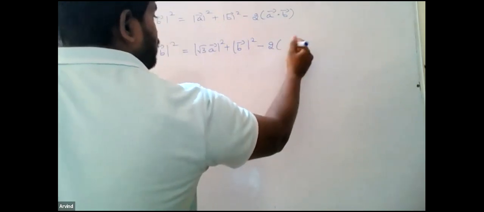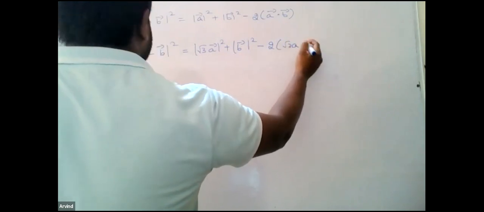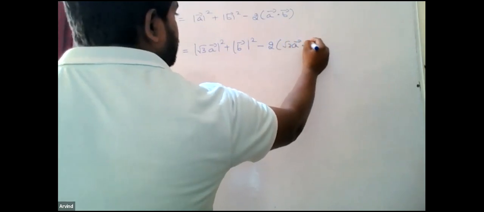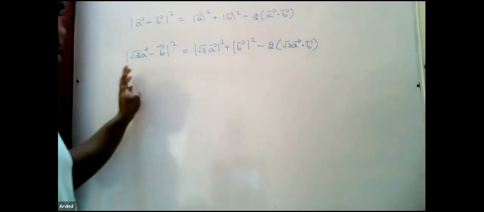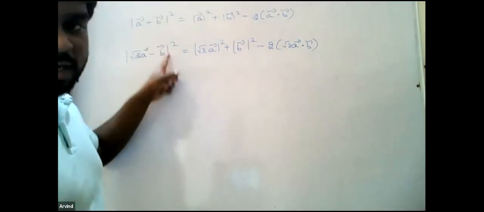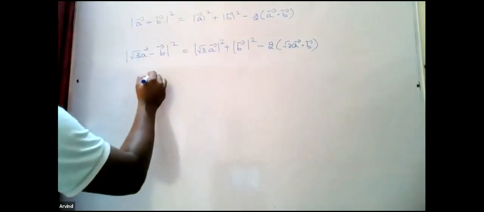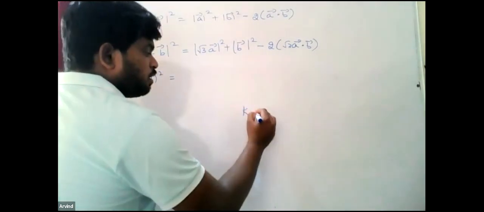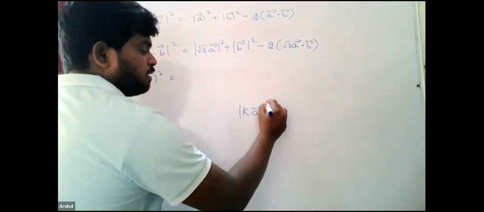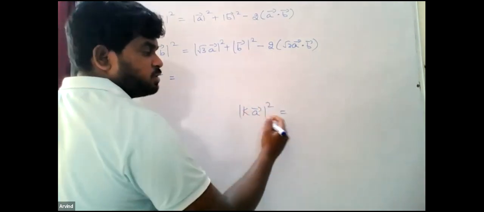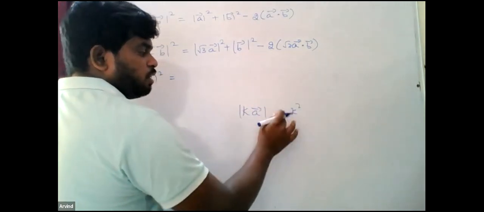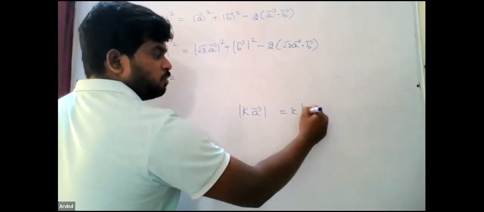Here a is root 3a dot b. Okay, that's the answer. See, your condition is that this should become a unit vector. If it is a unit vector, then its modulus is 1. So 1 square is equal to, so k into a vector the whole square, you can take k outside. Modulus of ka, you can take k out.